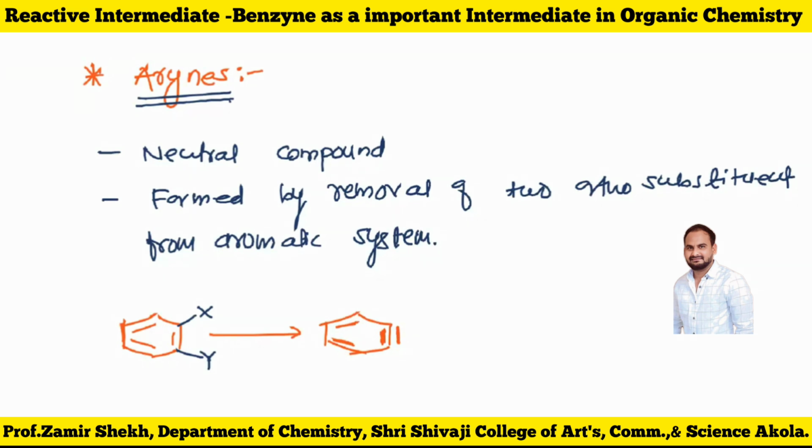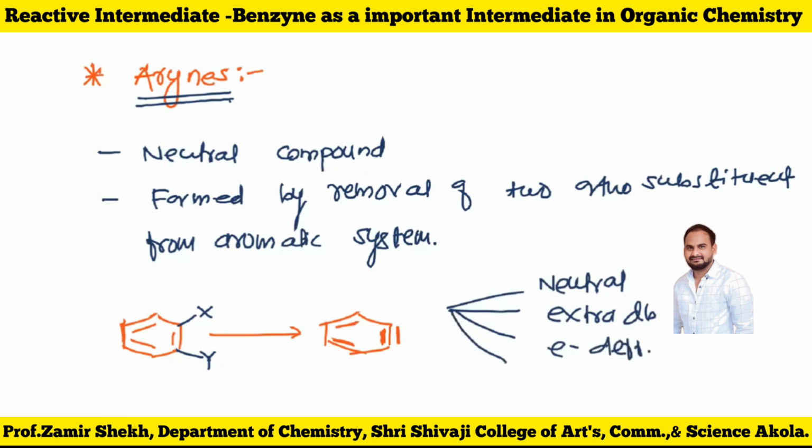So particularly, benzynes are generally obtained by the removal of two ortho substituents, not any other kind of substituents. It is a neutral molecule with an extra bond outside the ring, so definitely it is an electron deficient compound.